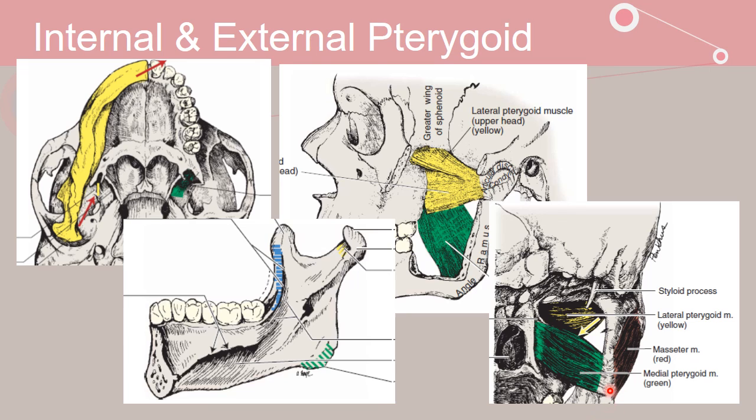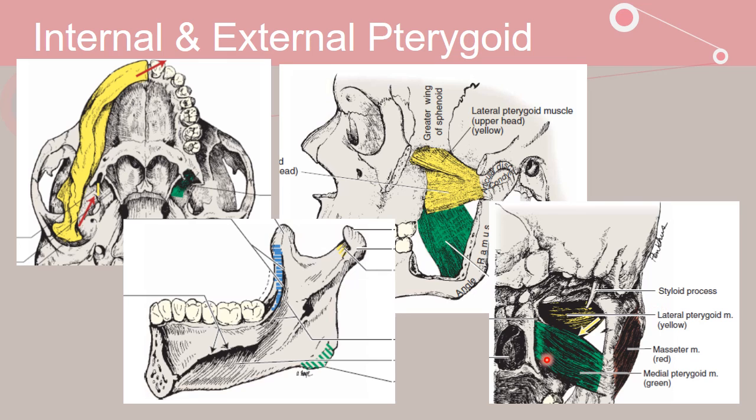Okay. This is a posterior view. So you can see here the internal pterygoid muscle. Along with the masseter, located on the lateral surface here, these two muscles serve as a sling. So they look like a sling.